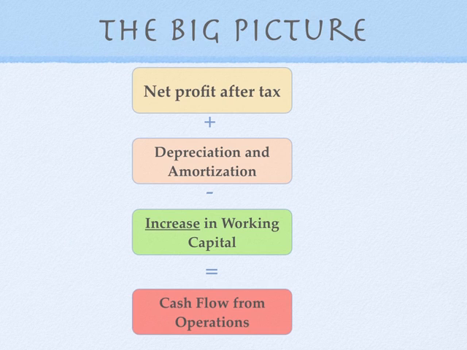Conversely, we can start with the net profit after tax, add the depreciation and amortization, and add the decrease in working capital to arrive at the cash flow from operations. So whether you add the working capital or you subtract the working capital depends on whether the working capital has decreased or increased.